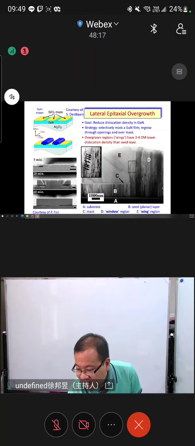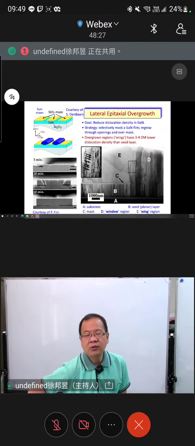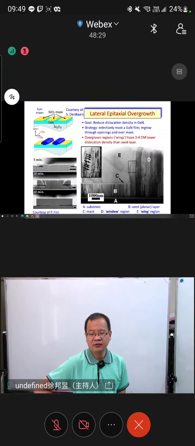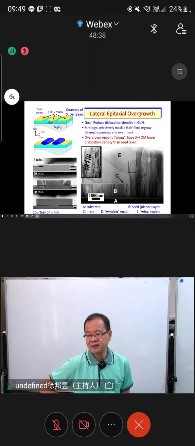The part B, look at my mouse. This B part is the open part here. If you grow crystal directly on top of the open gallium nitride space, you cannot control it. So massive, so many dislocations.